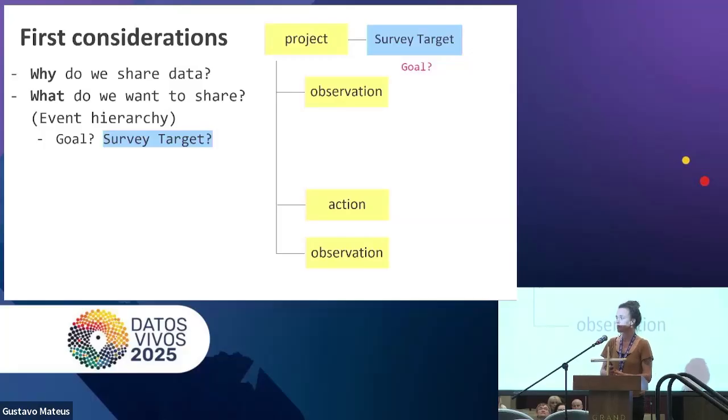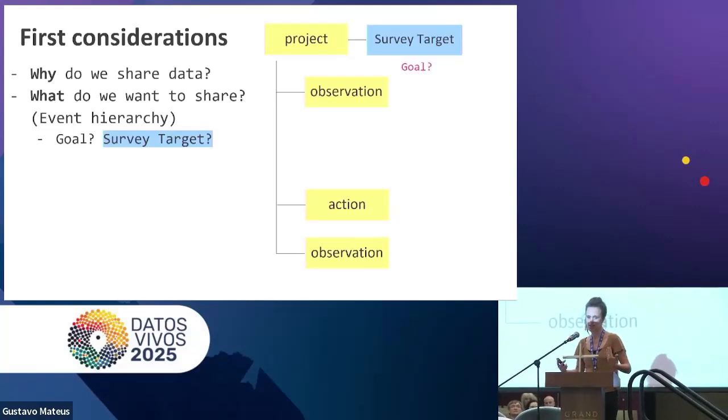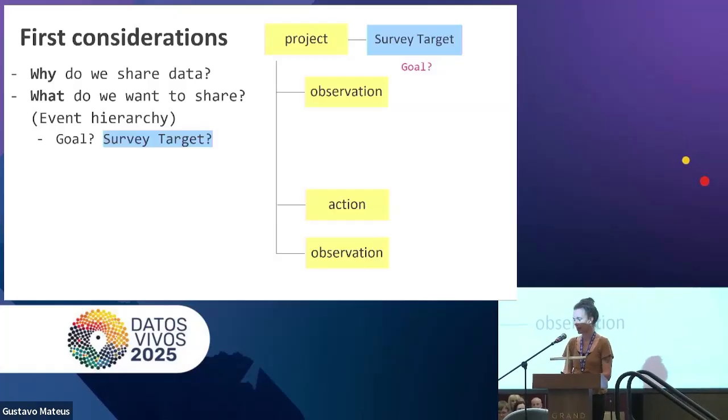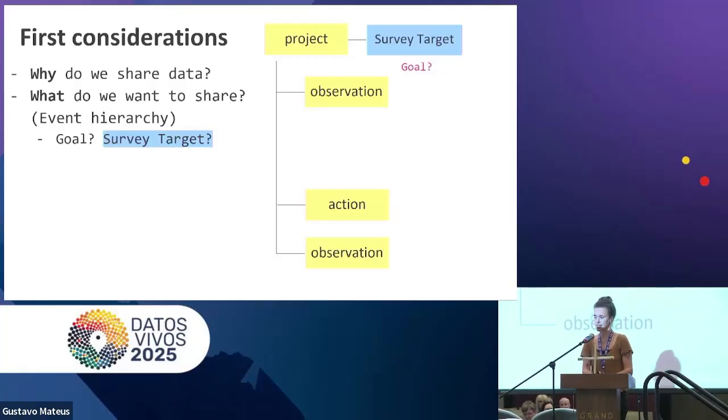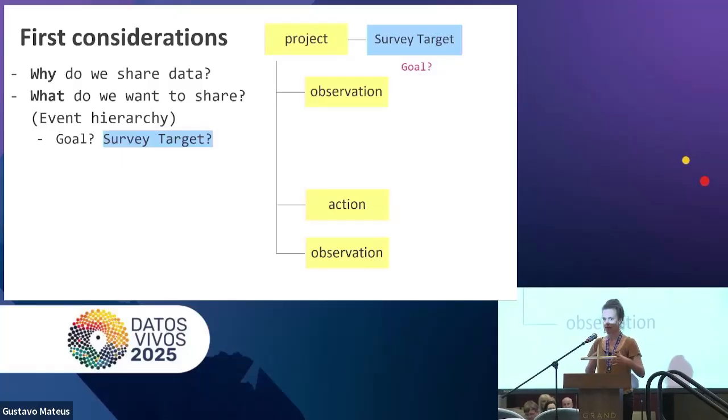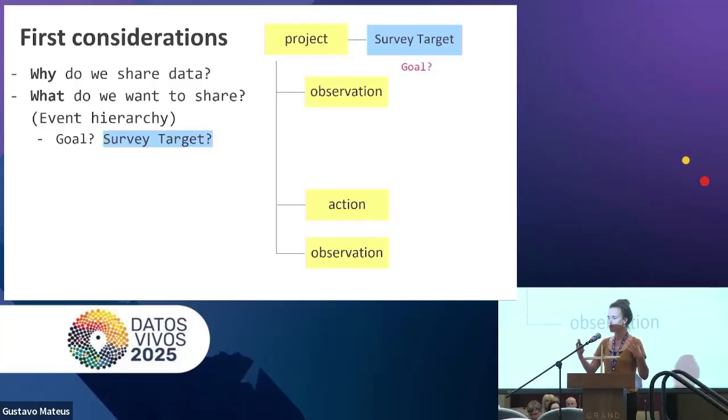Do you want to have information about the time spent on an action or the costs of that action? That's maybe not relevant to publish on GBIF, but it's very relevant to exchange between the different actors. So the why will determine what we are sharing between the different actors.